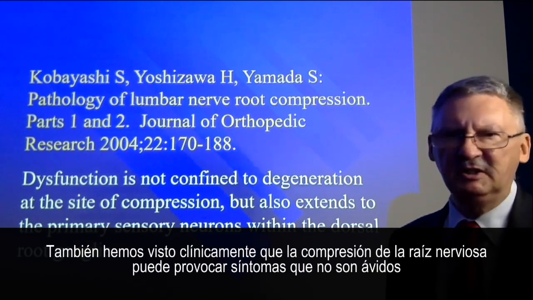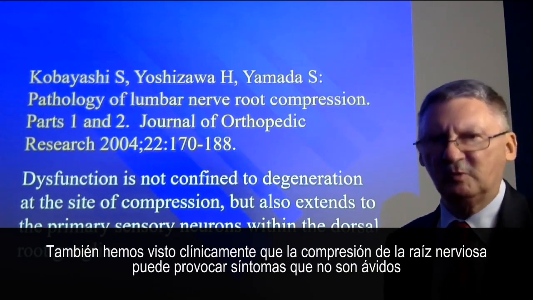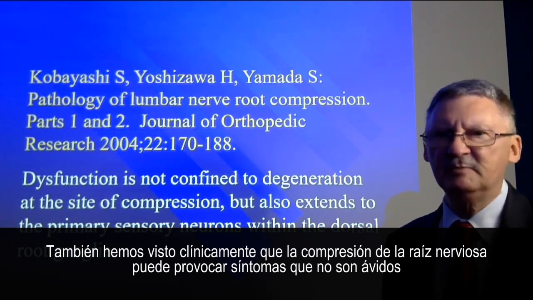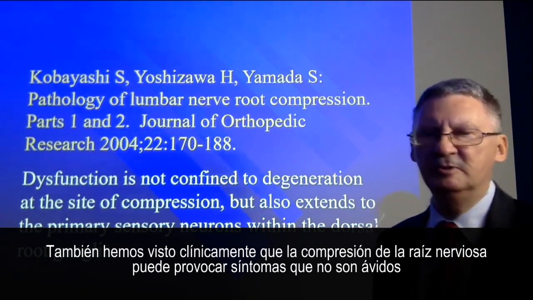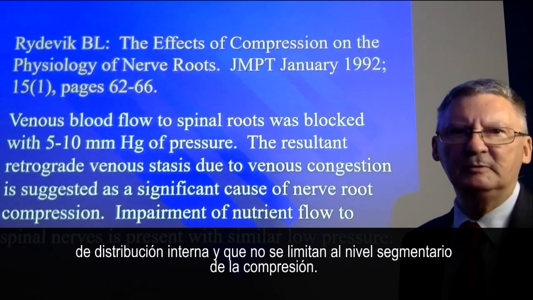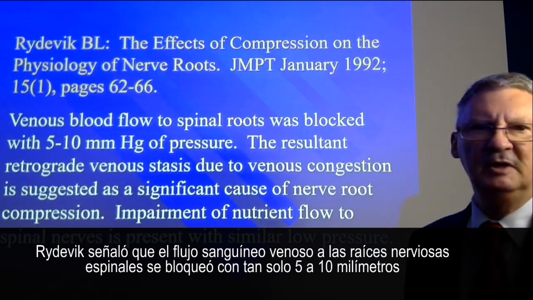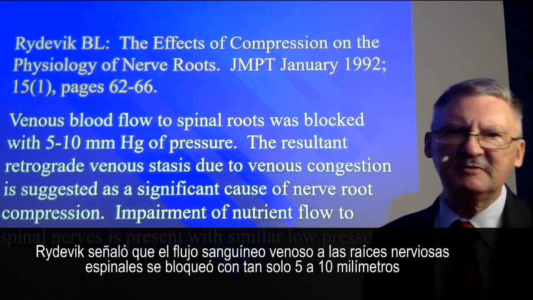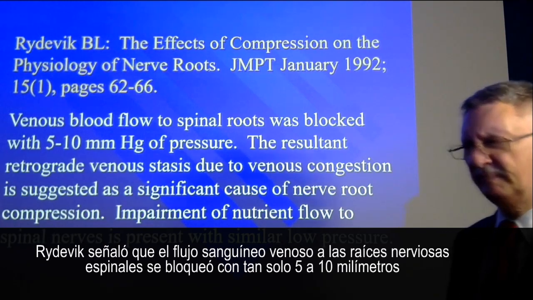We've also seen clinically that nerve root compression may result in symptoms that are not of dermatomal distribution and that are not confined to the segmental level of the compression. Radovic noted that venous blood flow to spinal nerve roots was blocked with as little as 5 to 10 millimeters of mercury pressure.